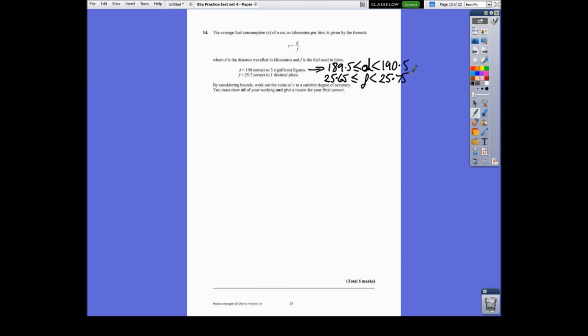Now, to work out the max fuel consumption, you would want to do D max divided by F min, because the smaller number you divide by, the bigger answer you're going to get. So that would be 190.5 divided by 25.65.